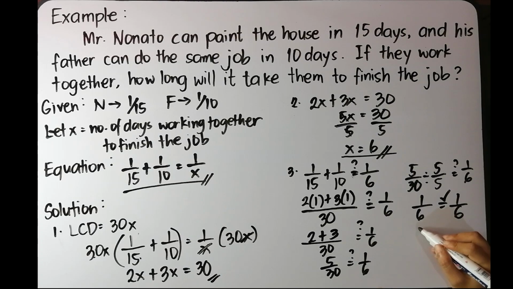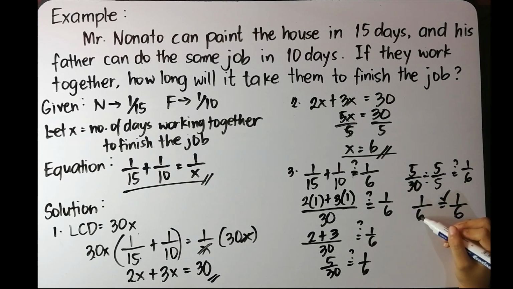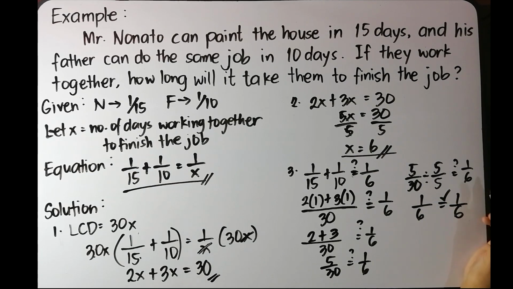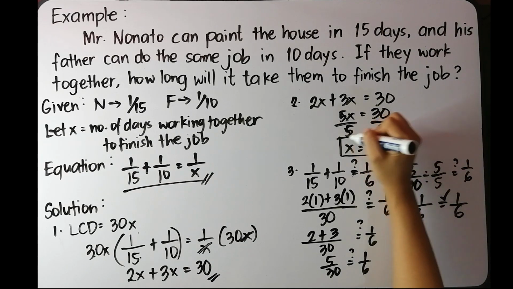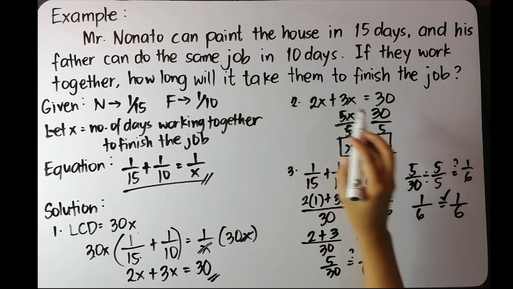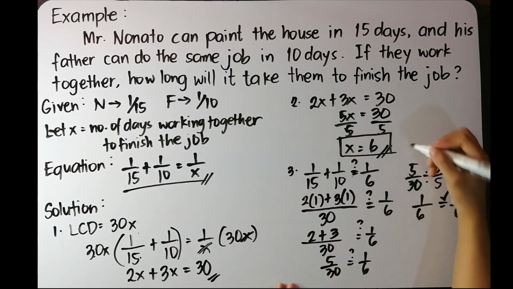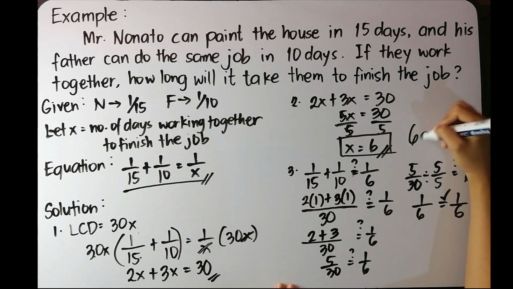So the value satisfies the equation. Because 1 over 6 is equal to 1 over 6, of course, that is correct. So this value corresponds to the number of days that it will take for them to finish the job together. So the answer is 6 days.